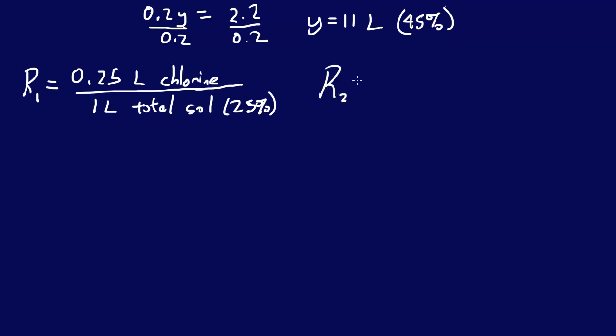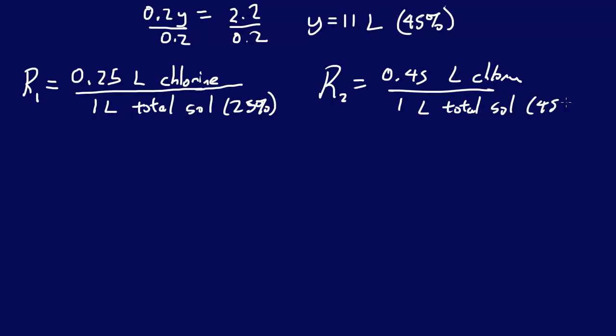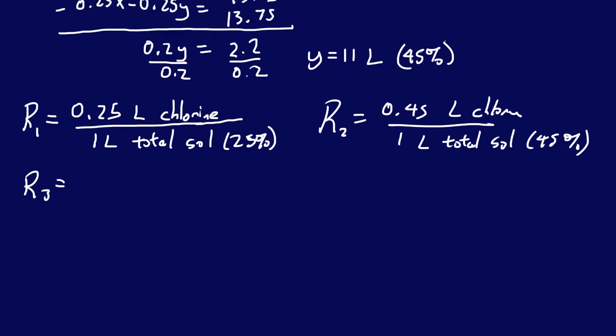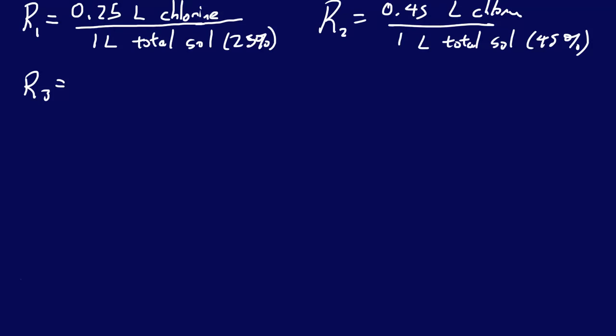So our second rate is 0.45 liters of pure chlorine per 1 liter total solution, which happens to be 45%. And then R sub 3 is equal to, I forget what that percentage was, 0.29.